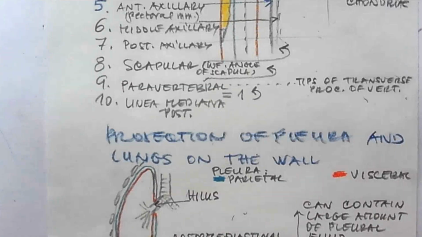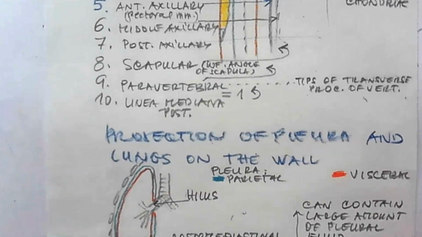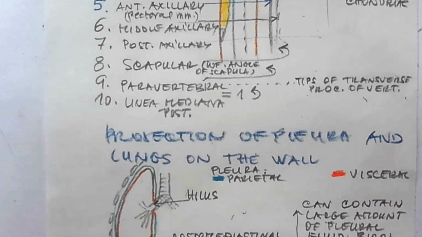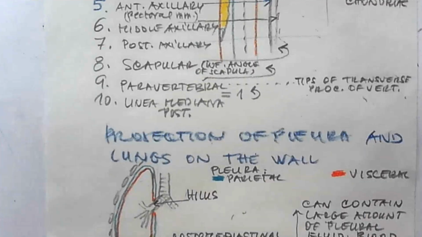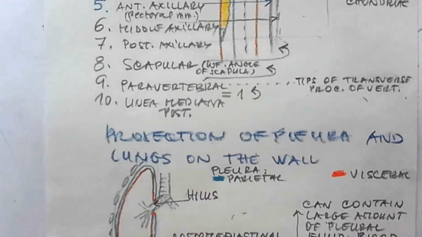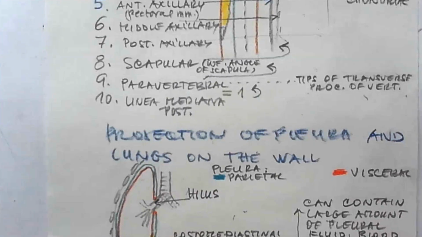So this could be not that big, but in some cases, in inflammatory diseases, etc., it could contain pleural fluid, or also blood or pus, and all these facts are of high clinical importance in diagnosis.